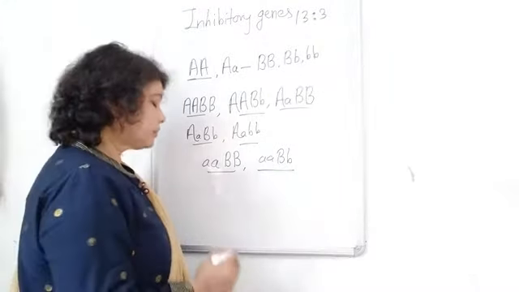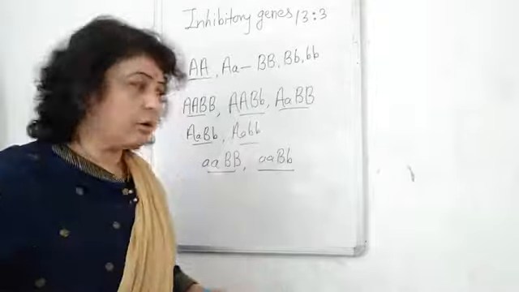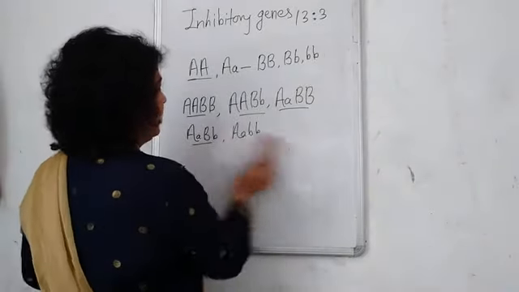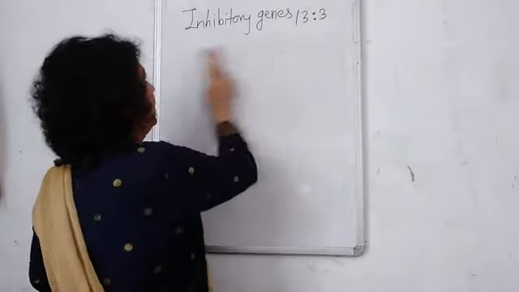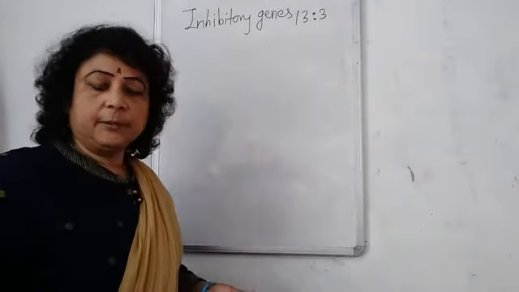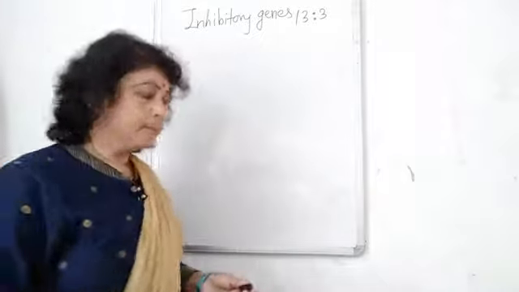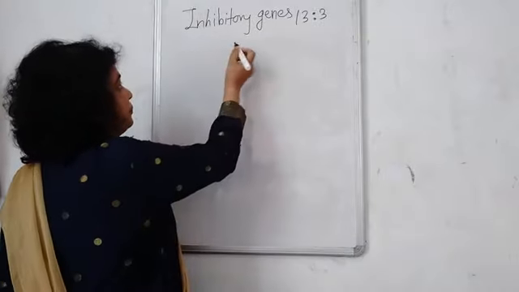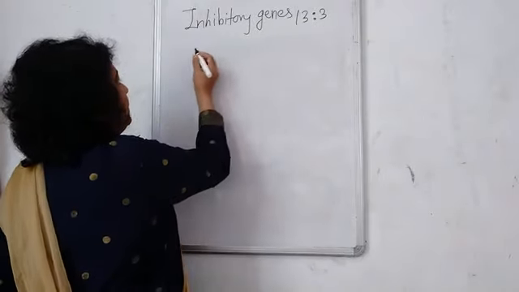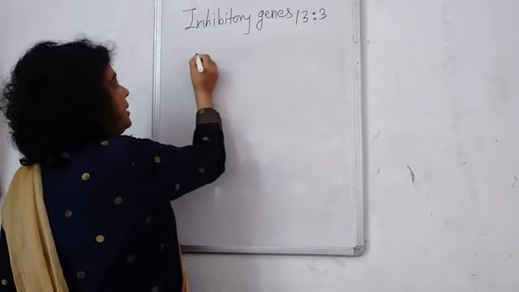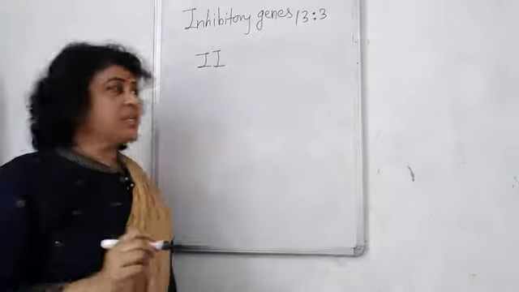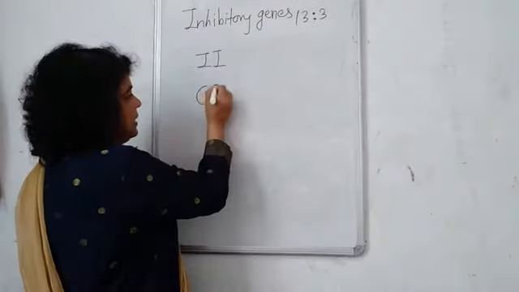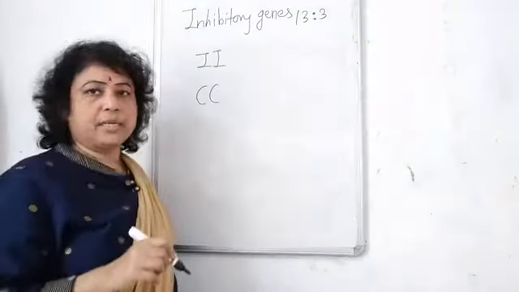Here we will explain by taking one example. There are two genes: capital I is the epistatic gene, and capital C is the hypostatic gene.